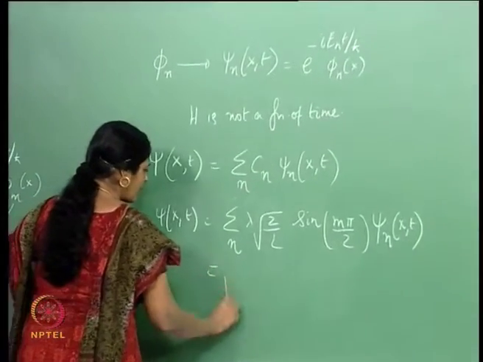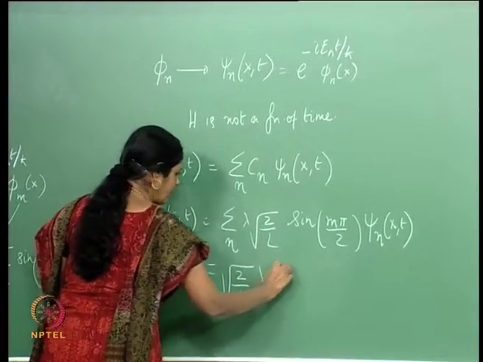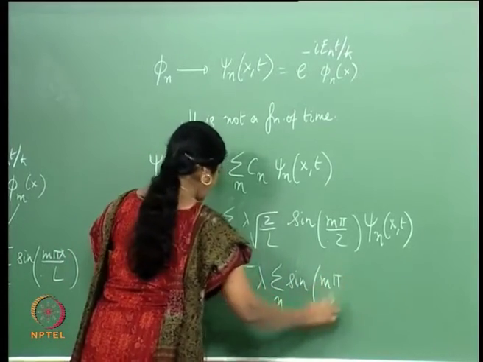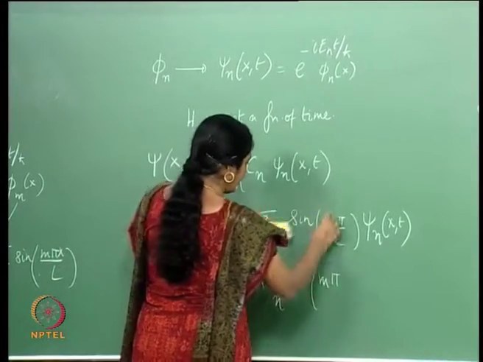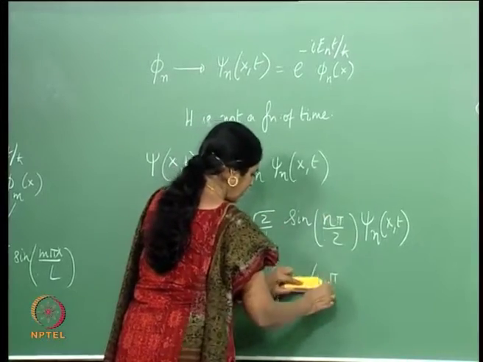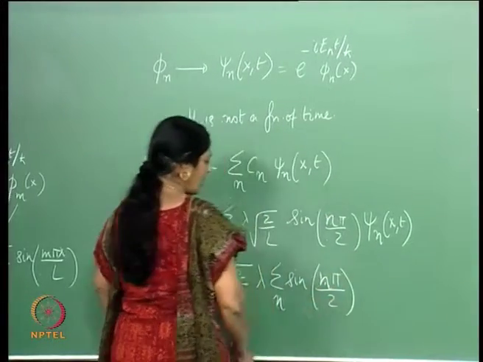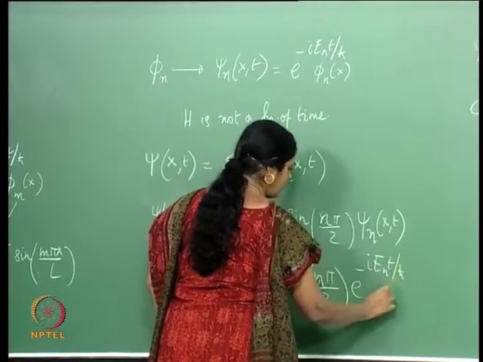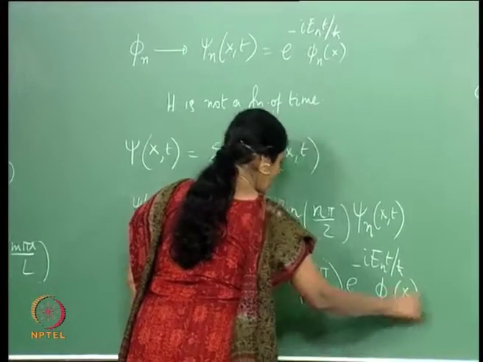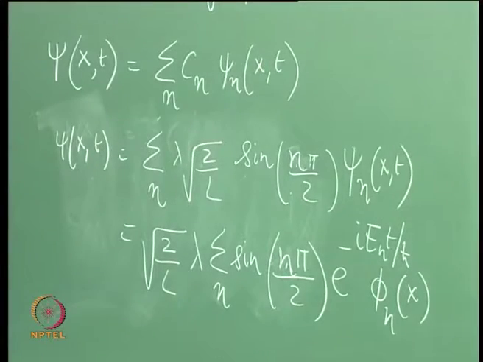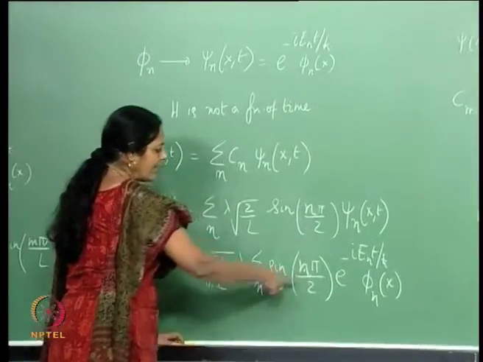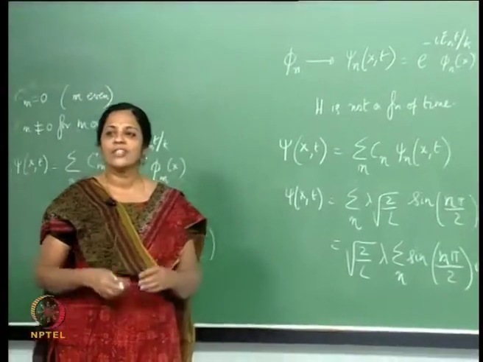So, this object is root of 2 by L lambda summation over n sine n pi by 2 e to the minus i E_n t by h cross phi n of x. But you can already see what this is going to be. Sine n pi by 2 is minus 1 to the n.